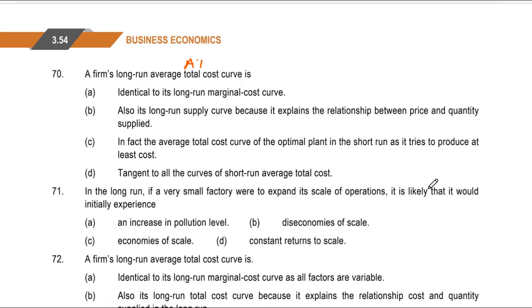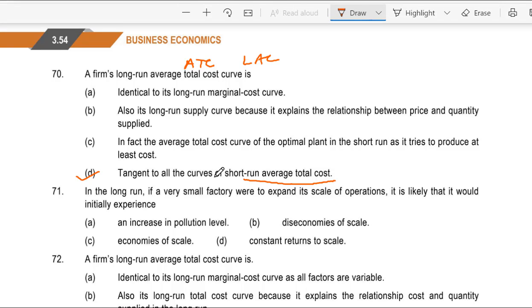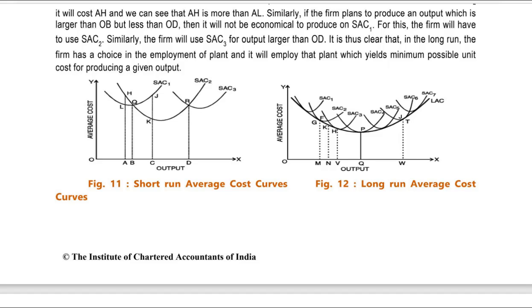A firm's long run average total cost curve is D. Tangent to all the curves of short run average total cost. Long run average total cost, LAC. So it should be tangent to all the short run average total costs.